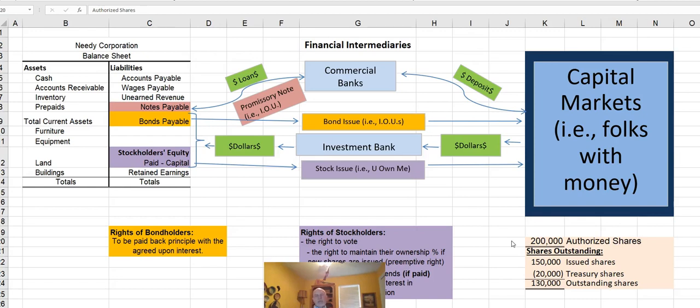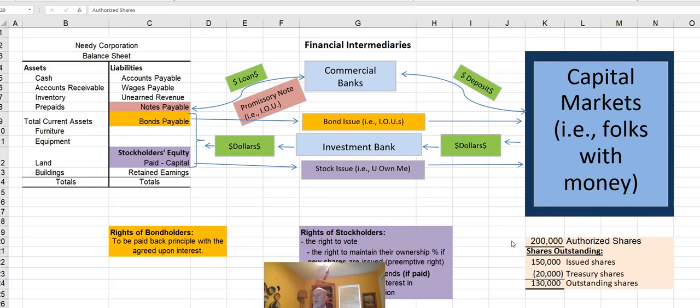When we actually sell the stock, issue the stock to stockholders, they give us money, we give them stock. That's called issued shares. And at some point in the future, if we ever decided as a company to buy some of those shares of stock back, we call that treasury stock. And so the number of shares that have been issued, minus the stock that's been repurchased, the treasury stock, that's how many shares are still out there.